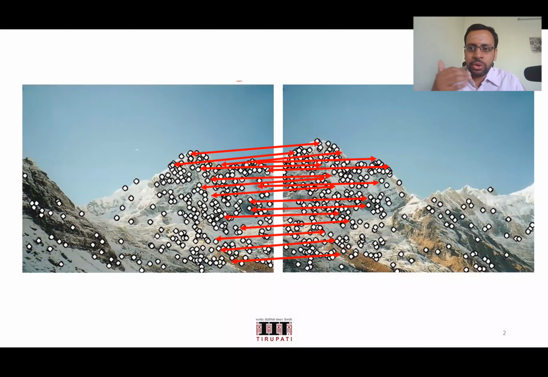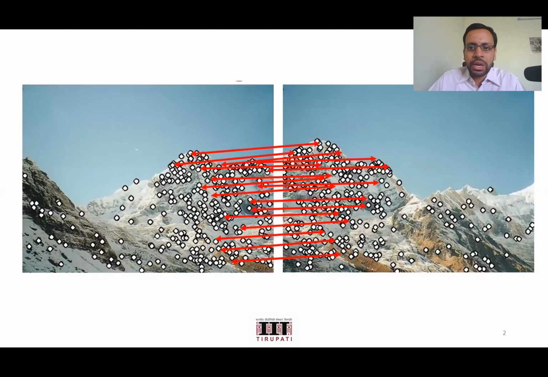And added to that, there is also a possibility that some of these pairs of matching points are not the right matching points, because the key point in one image might not be there in another image. Then when you are mapping it to a nearest point, you might have ended up mapping it to a wrong point.